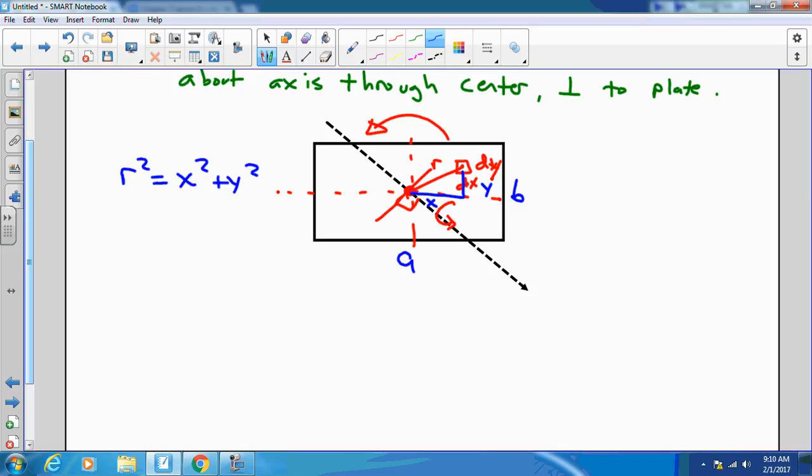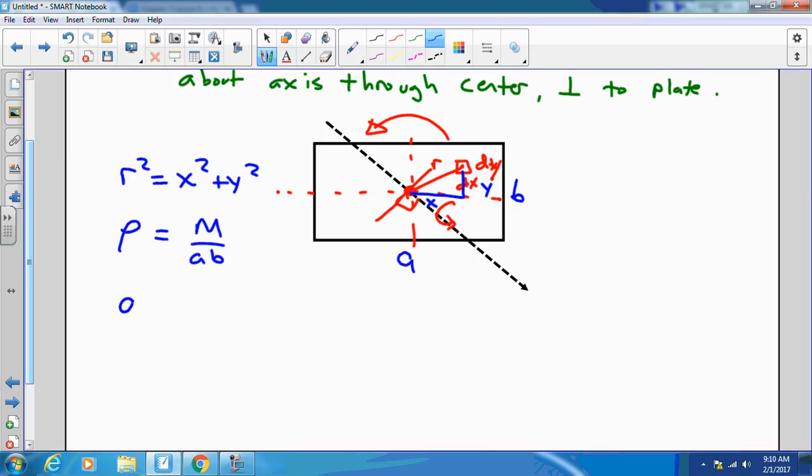So that if I use the Pythagorean theorem, then I get r squared is equal to x squared plus y squared, where x and y are independent variables from each other. So in other words, I can go across here and have a whole bunch of different pieces that have different x's with the same y, or I could go down right here and get a whole bunch of pieces that have the same x but different y's. So x and y are independent of each other.